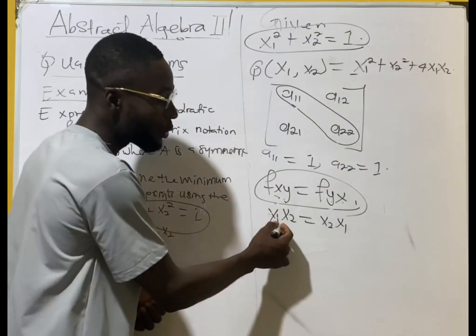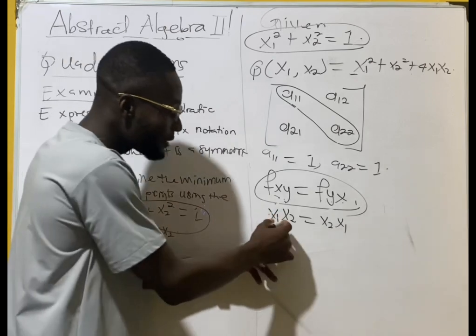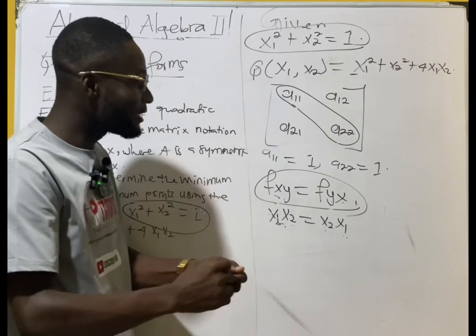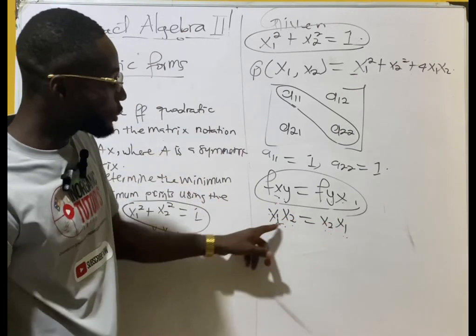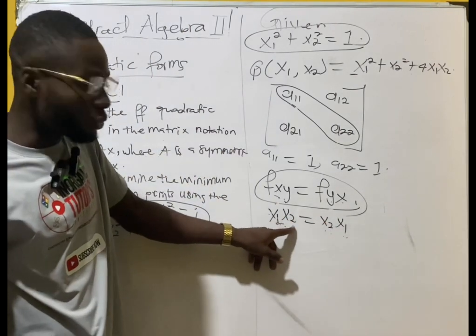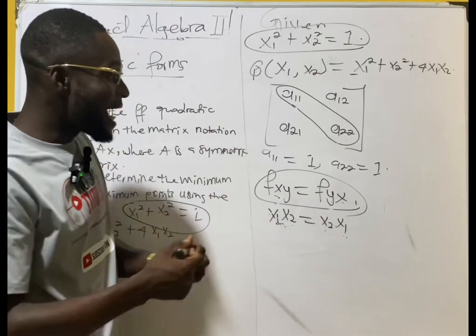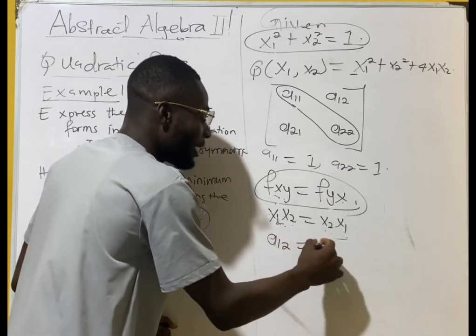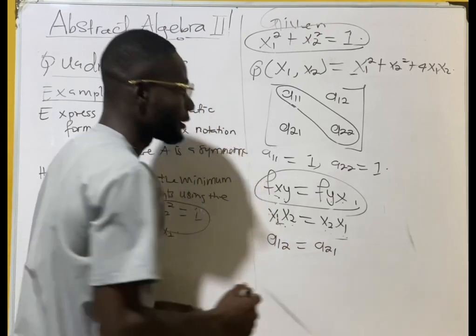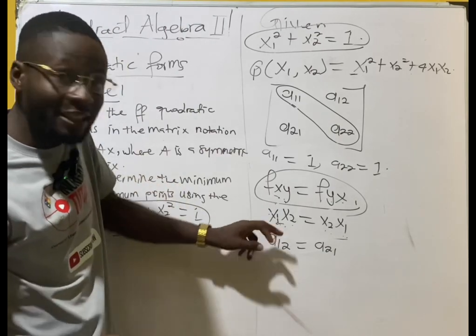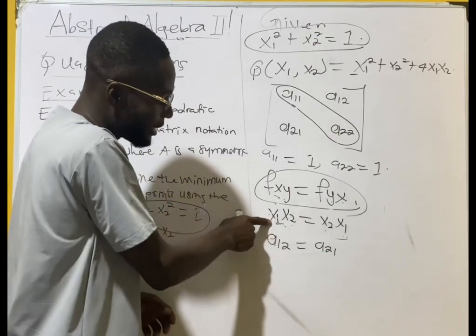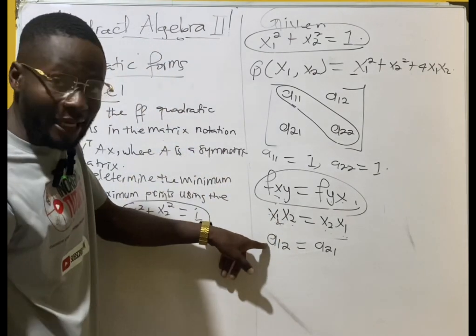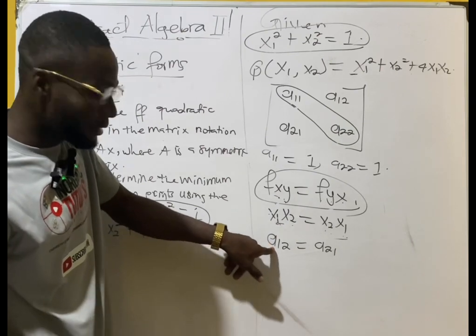We are having x12, right? So this basically means that x12 is equal to what? x21. It's just a notation, right? x1x2 is the same as x2x1. And that notation is the same as A12 equals A21, right? They are just notations.